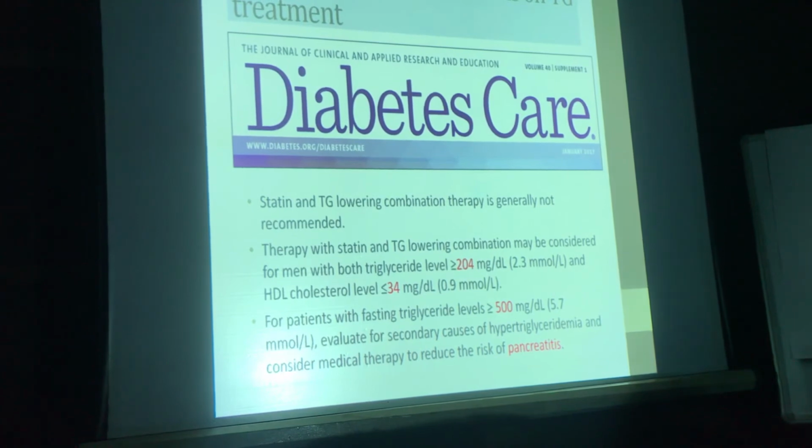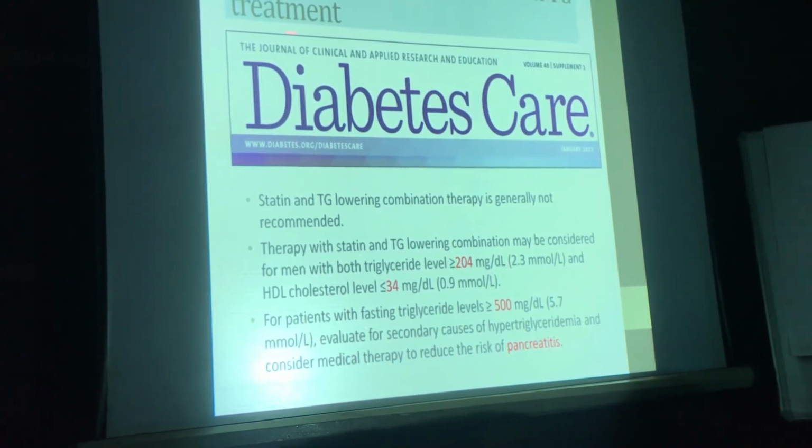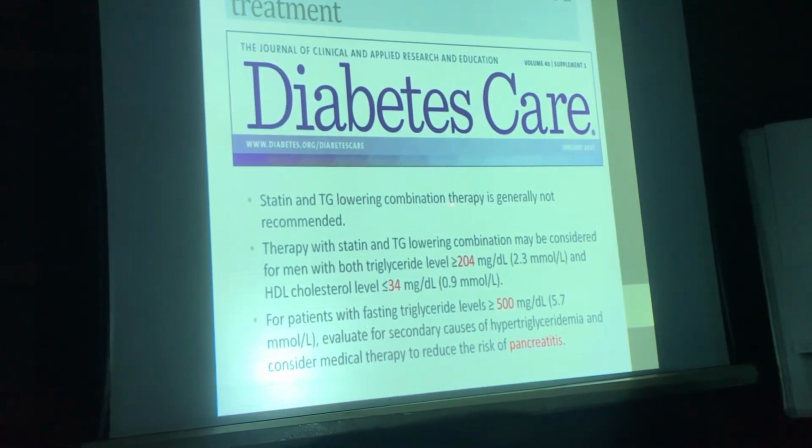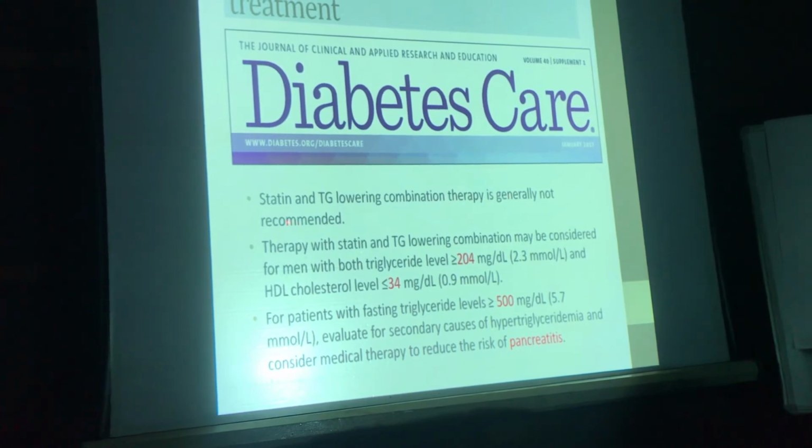Now the American Diabetes Association 2017 recommendations on triglyceride treatment mention that statin and triglyceride-lowering combination therapy is generally not recommended.